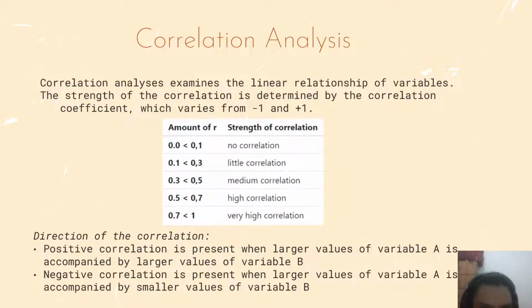The strength of the correlation is determined by the correlation coefficient, which varies from -1 to 1. As you can see here, there's a table which indicates the strength of each correlation. For example, if the number is from 0 to 0.1, there is no correlation. If 0.1 to 0.3, there's a little correlation.